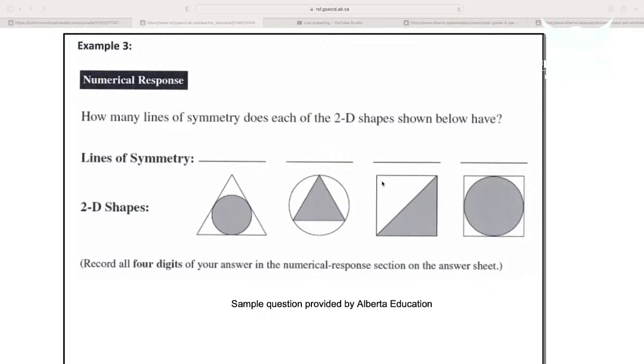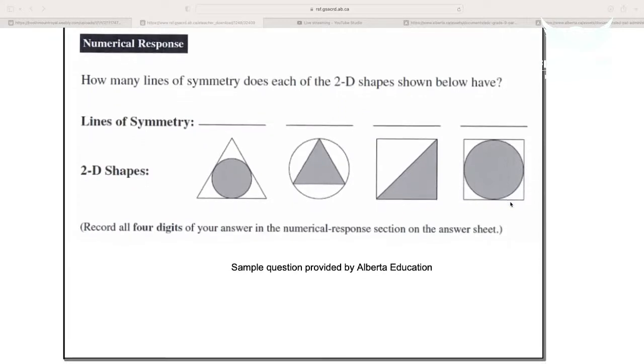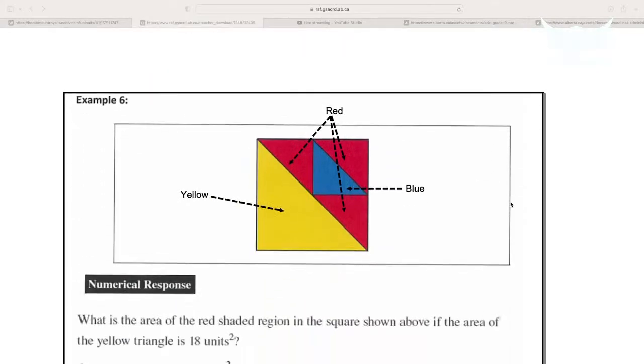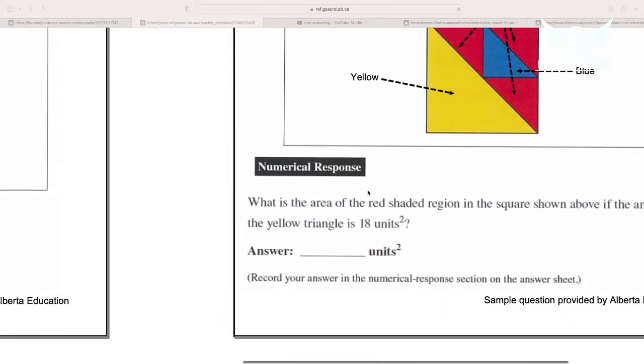The third shape can only have this line of symmetry to make 2 equal halves. And the last one can have diagonals, which gives us 2, plus the middle vertical and the middle horizontal. So the last one can have 4 lines of symmetry.